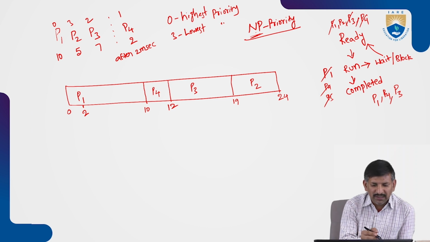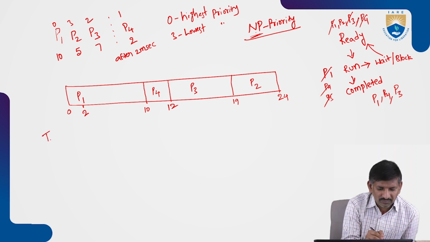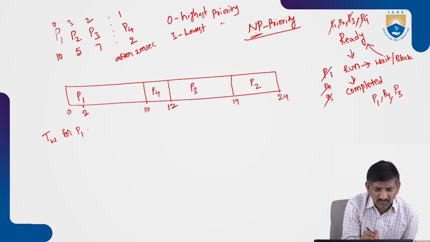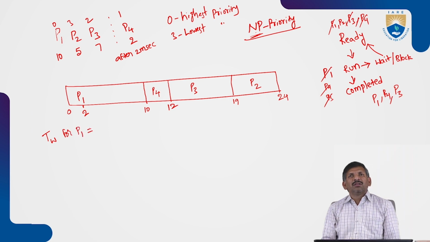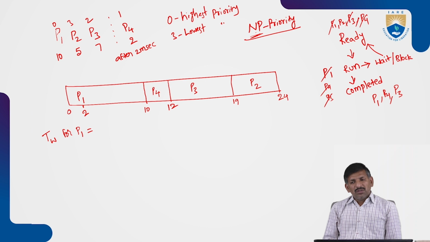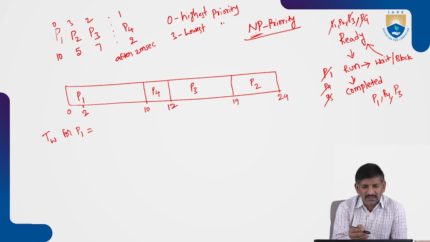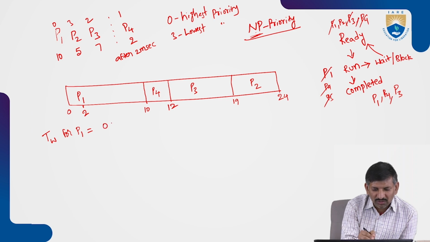Now, calculate the waiting time for process P1. Process P1 enters the ready state at the time of 0 and it is scheduled for execution at the time of 0 itself. So, immediately that is scheduled for execution. So, waiting time is 0 milliseconds.